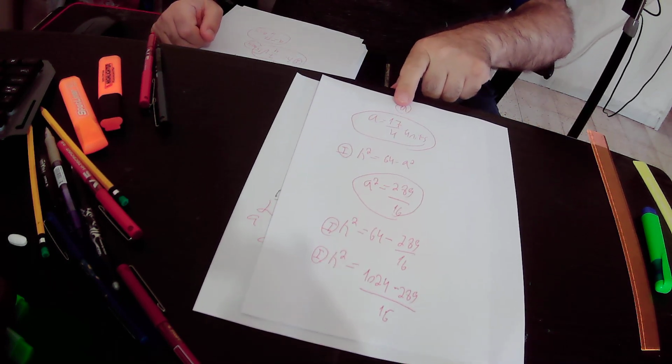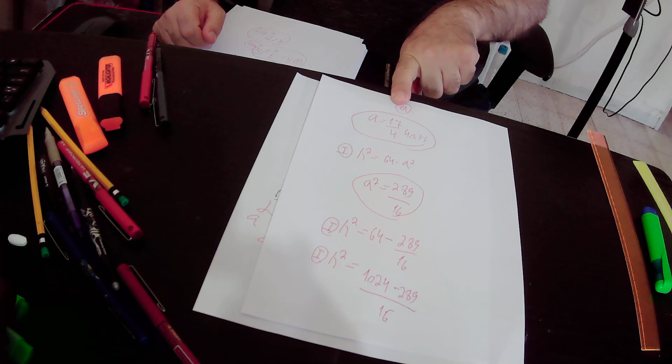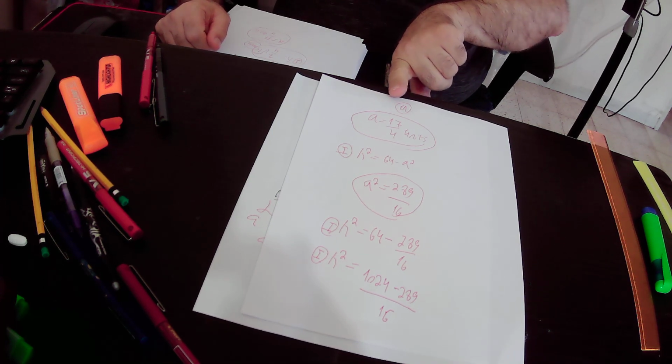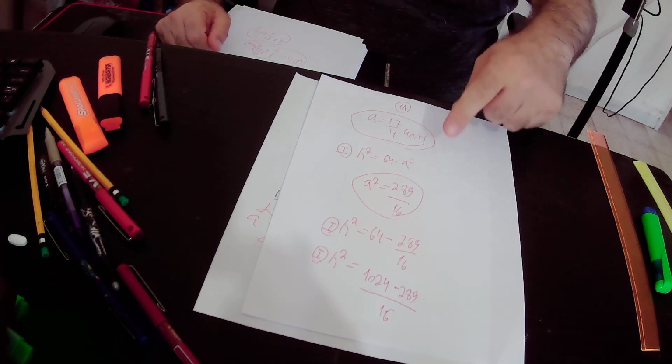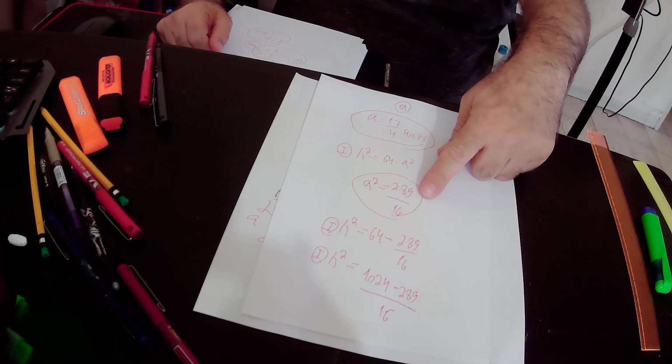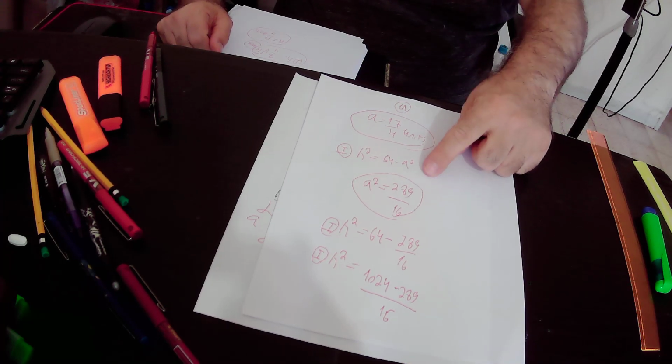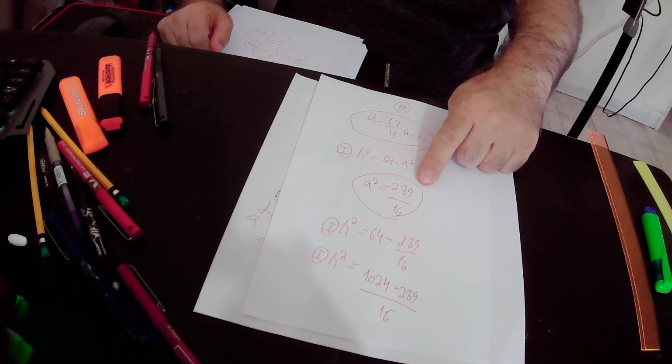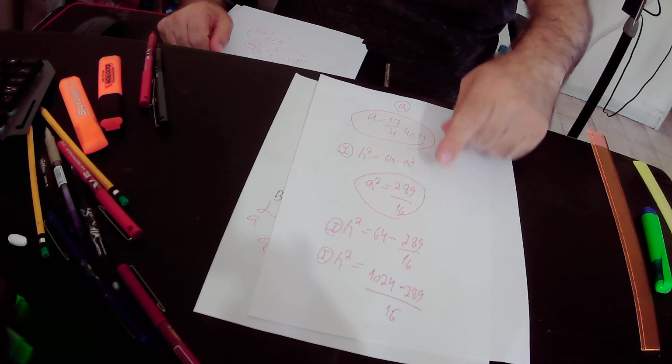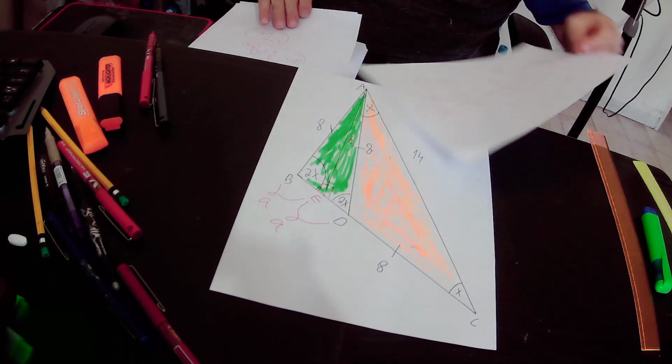And we know that A equals 17 over 4, so if we square this, we get the value of A square, that is 289 over 16, so we can substitute A square in this equation by 289 over 16, and we get the value of H.